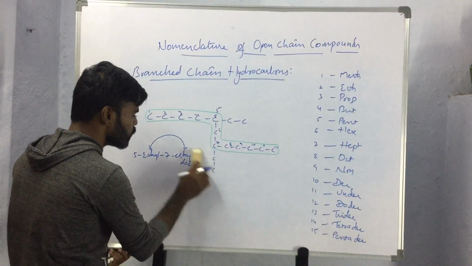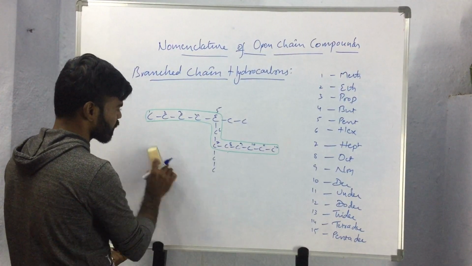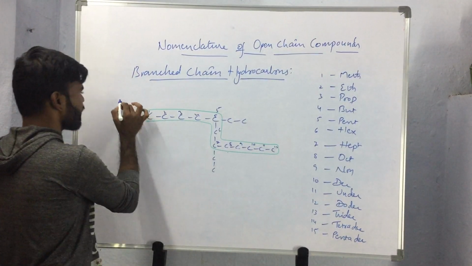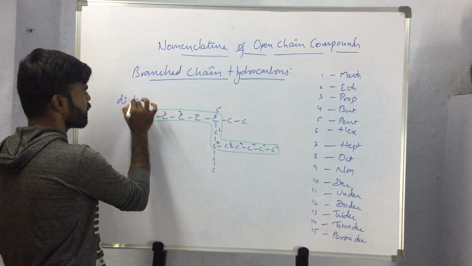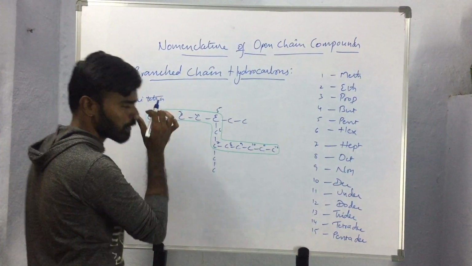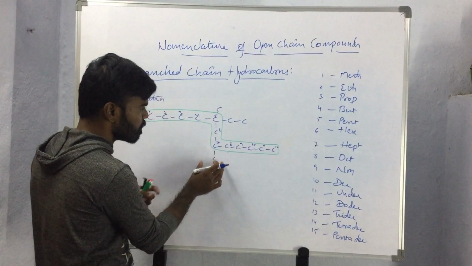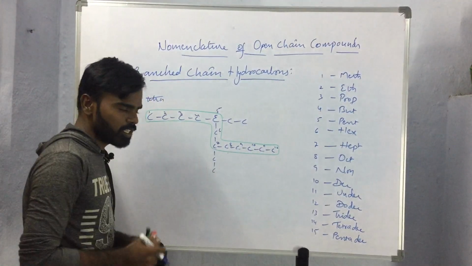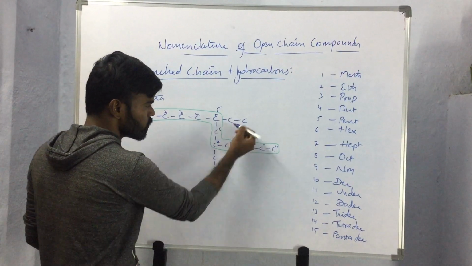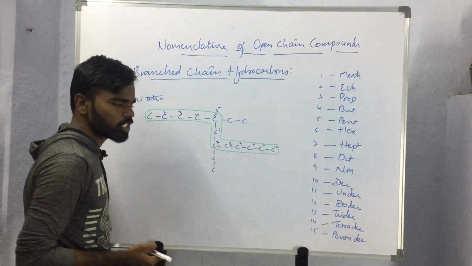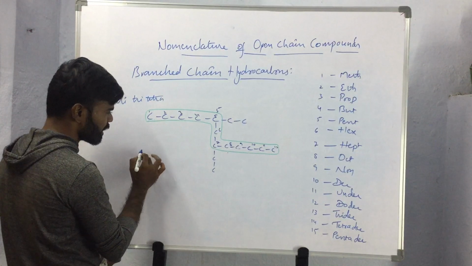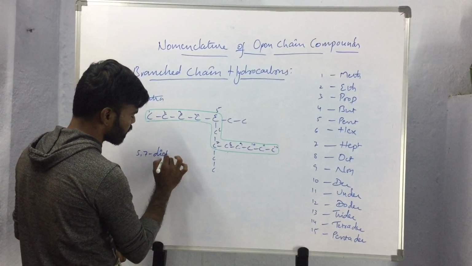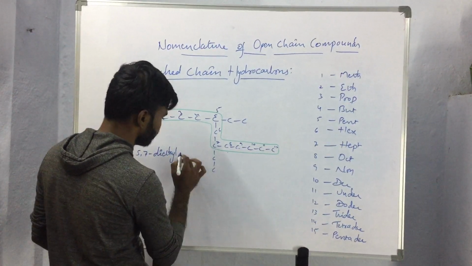To indicate this, we will be using prefixes like di, tri, tetra, etc. to indicate the number of the same type of side chains present in the given compound. So in this compound, two same types of side chains are present. So we will be naming it as 5,7-diethyl dodecane.